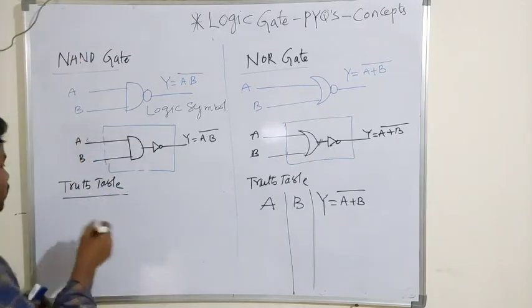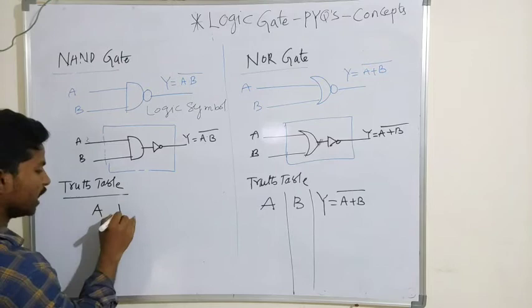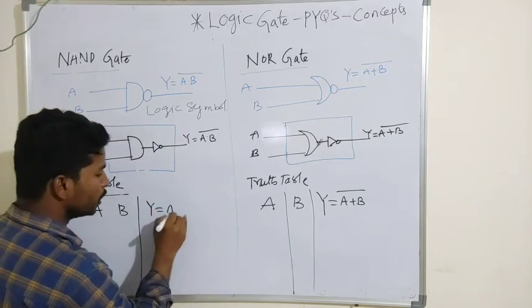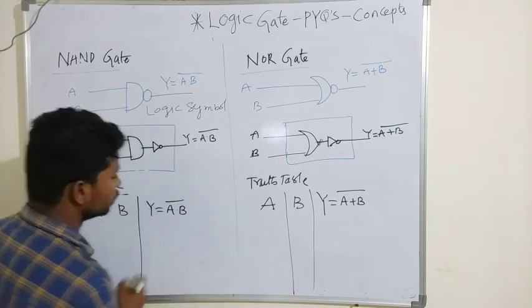So let's discuss the truth table of the NAND gate. It will have A and B as the inputs and Y equals A dot B complement as the output.